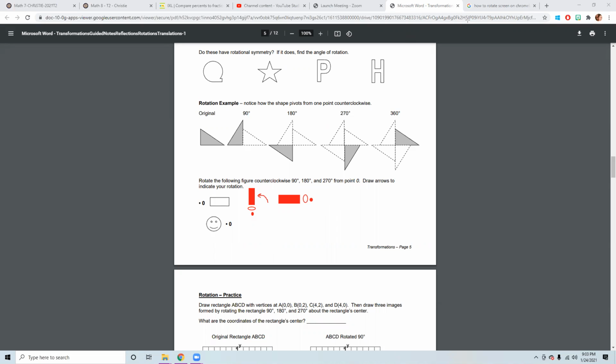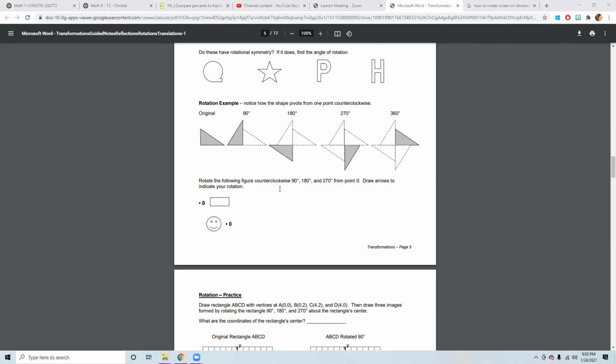And that's exactly what you're going to be doing when you do these rotations: you are physically rotating your paper using these clockwise and counterclockwise buttons, and then just drawing what you see. So when you get into your homework, we're going to be doing these kinds of things on our coordinate plane, and that's exactly what you do.